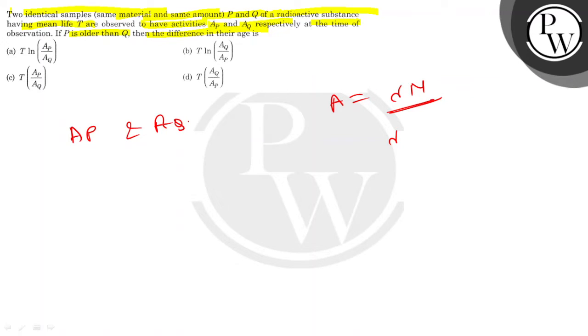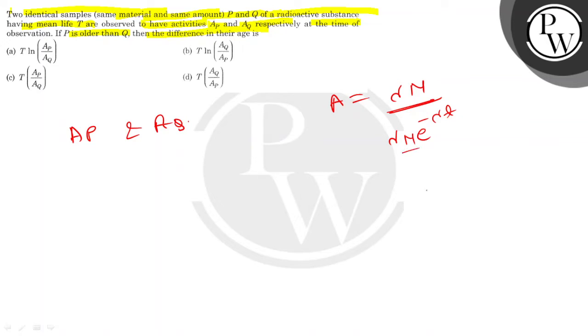So lambda into N, where N is e raised to the power minus lambda into t, into the initial amount. Suppose that the initial nuclei are N, the same material and same amount. Initially they have the same amount.